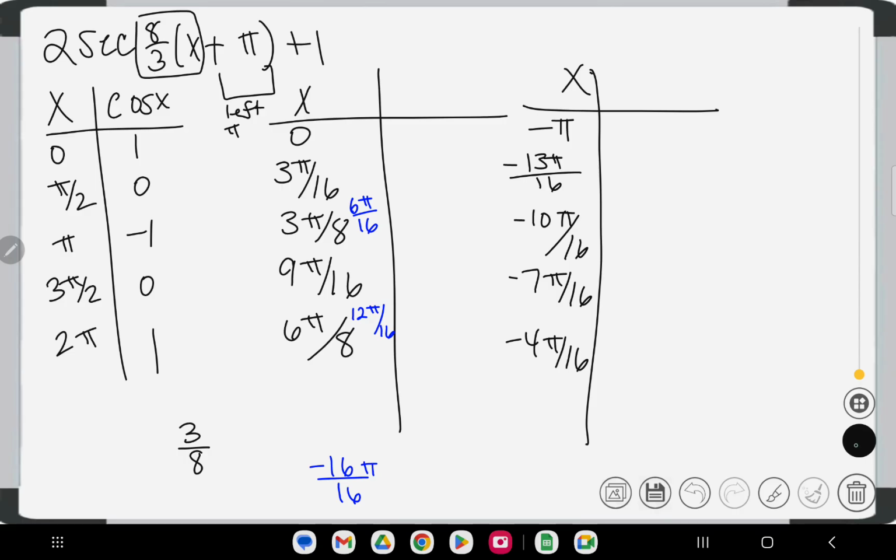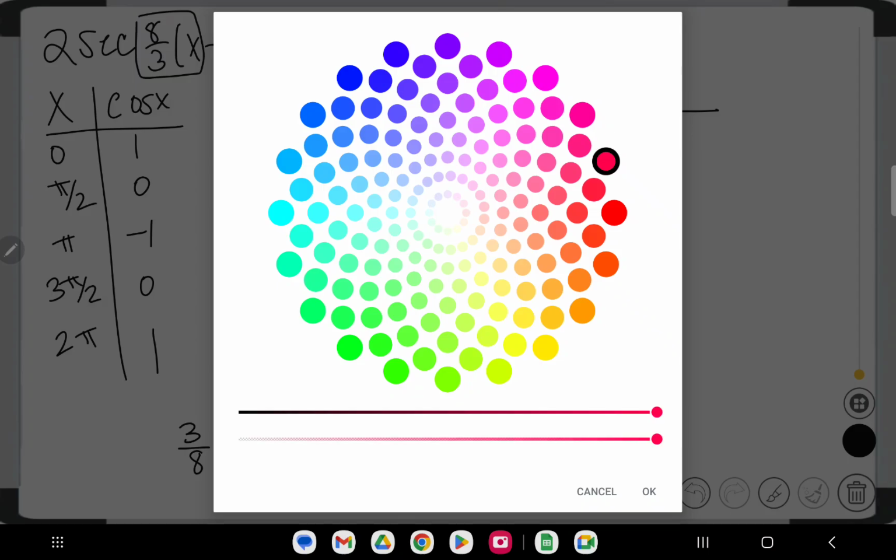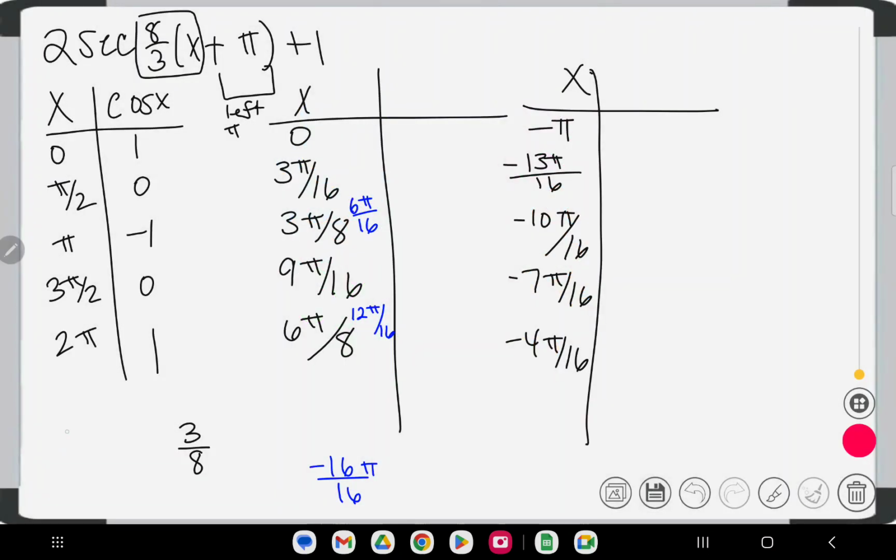Another thing to note is another way we could do it is we could find our period. So the period is 2 pi over b, which is 8/3, which is really 2 pi times 3 over 8, which gives me 6 pi over 8, which is 3 pi over 2. And then if I divided it by 4, same thing as multiplying by 1/4, that's 3/8 pi.